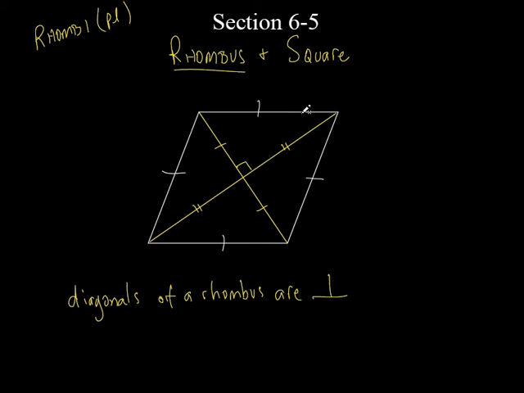Watch. If I knew this angle right here was, I don't know, 30 degrees. That's degrees, the little zero. So this would be 60, wouldn't it? Because 180 minus 90 is 90, minus 30 is 60.